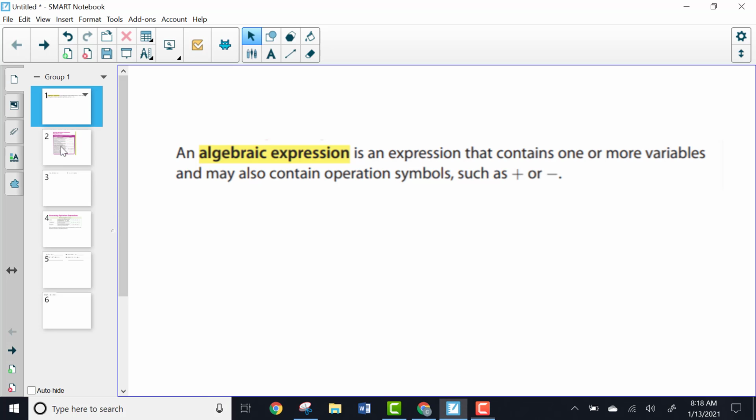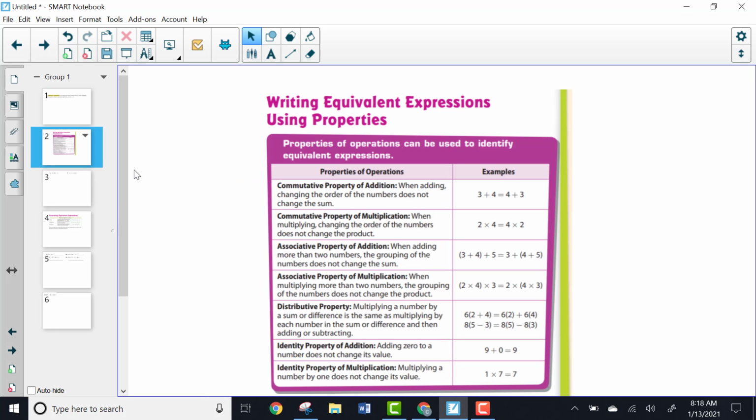As we begin to look at this, there are a couple things that you need to understand. You need to understand properties of operations. This will allow you to understand how an algebraic expression could be ordered a different way and still be equivalent to another one.